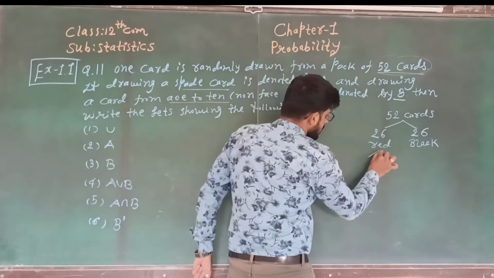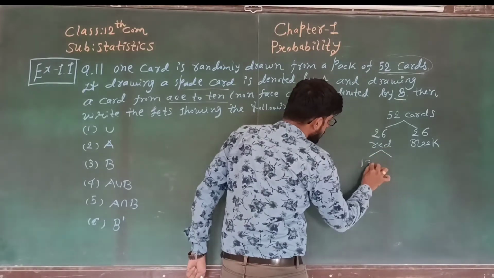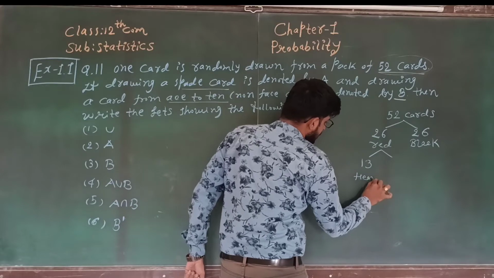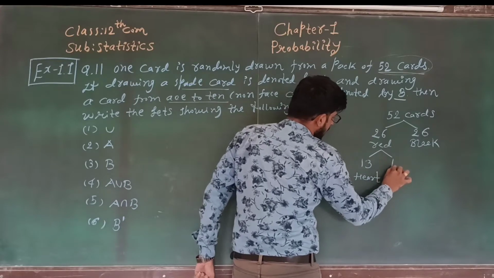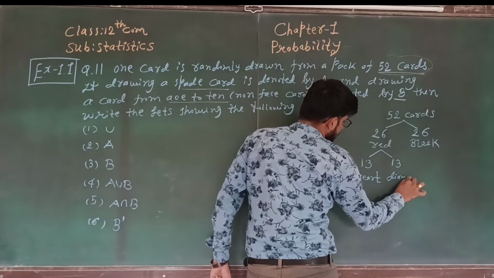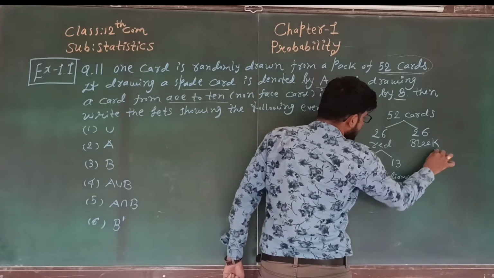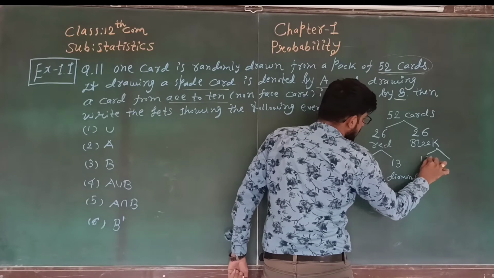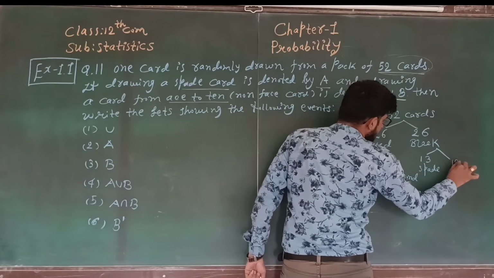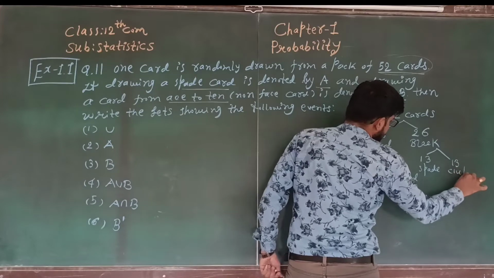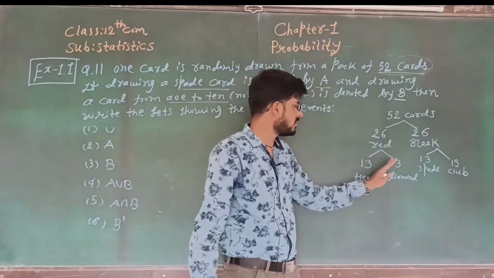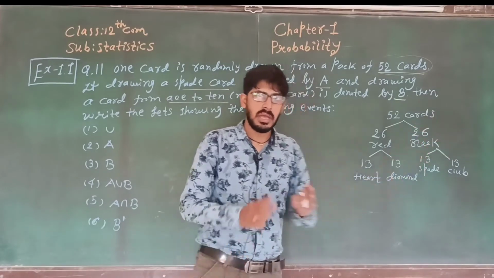Then 13 are heart shape and 13 are diamond shape. Same thing in black: 13 cards are spade and 13 cards are club. So we get 52 cards: 13, 13, 13, 13.